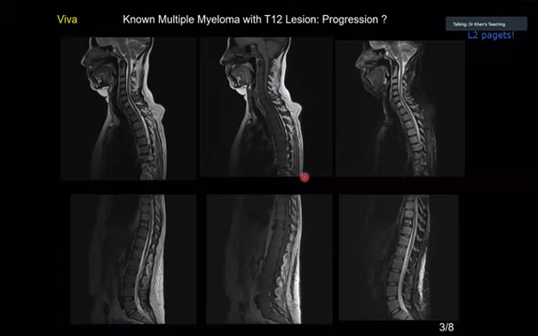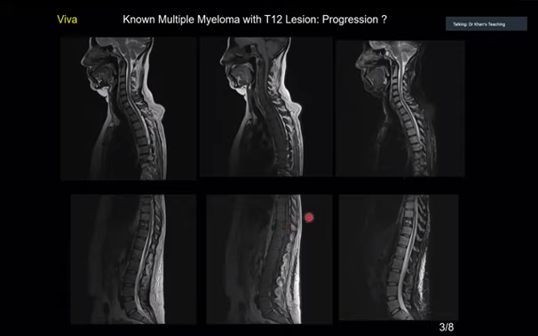Now, candidate 4, this case is, all of you, if you can concentrate on this, particularly ST1s and ST2s, I'm going to teach you the marrow signal and how to pick up normal and abnormal. This case is a case of multiple myeloma. We know that. This patient was sitting with a fracture of T12.